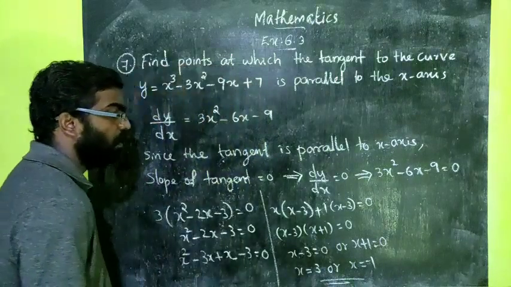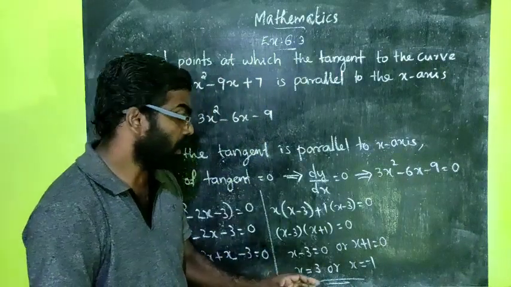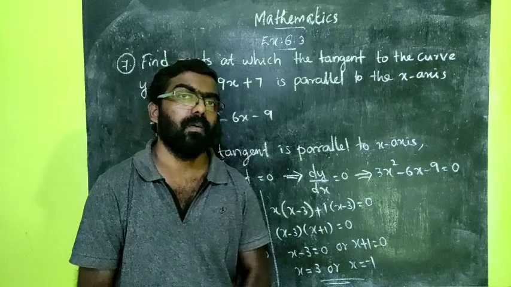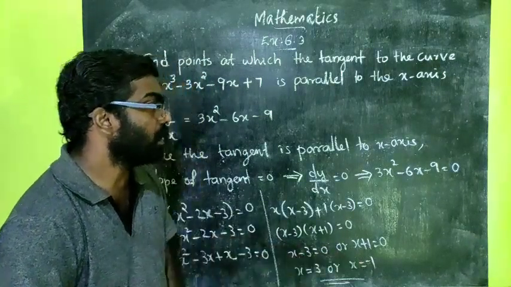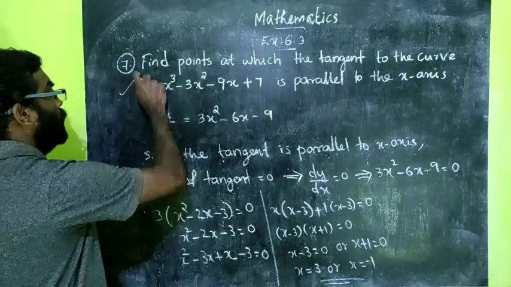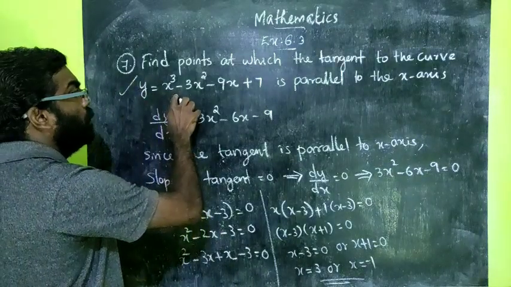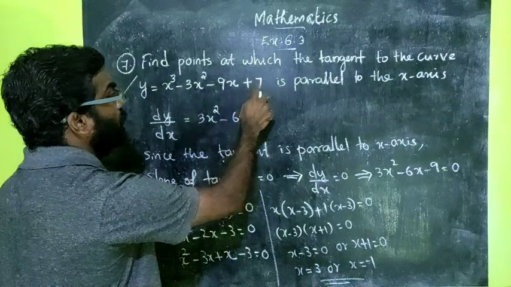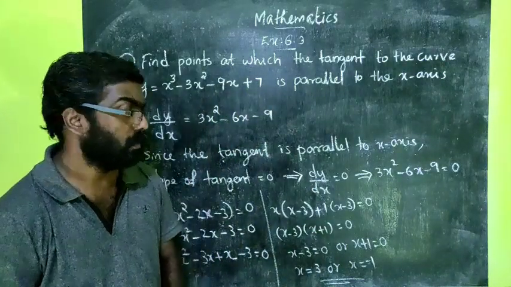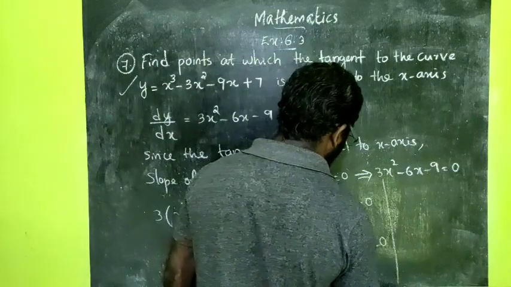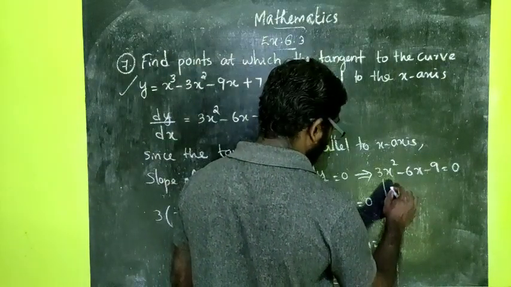That means now we got the values of x. X equal to 3 or x equal to minus 1. By putting the values of x equal to 3 and x equal to minus 1 in the given equation, that is y equal to x cube minus 3x square minus 9x plus 7, we will get the corresponding values of y. Okay. So first of all we can take the value x equal to 3.